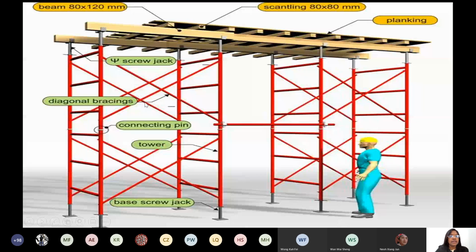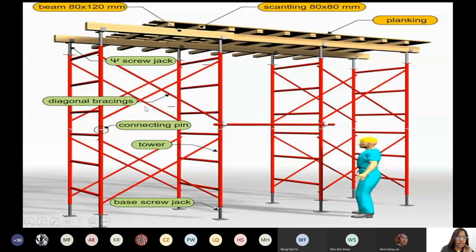These are the screws, which will support the beam and the column, and these are the bracings. The cross diagonal and horizontal ones are called bracings.